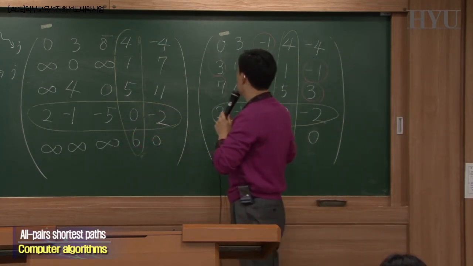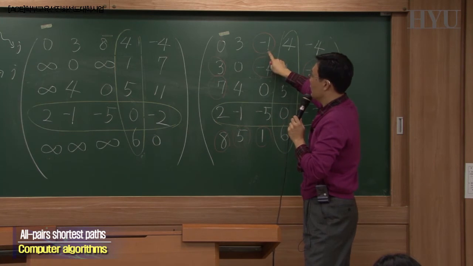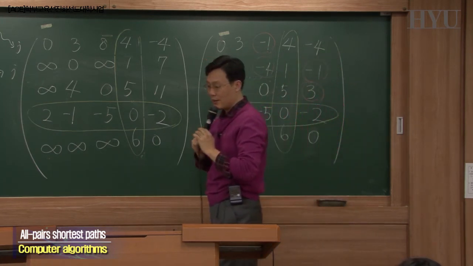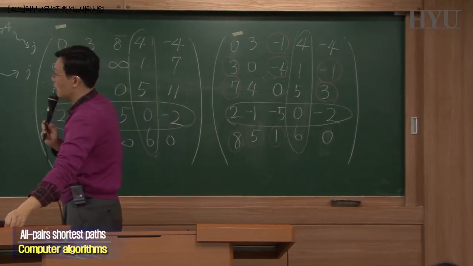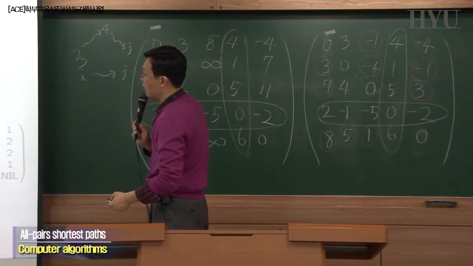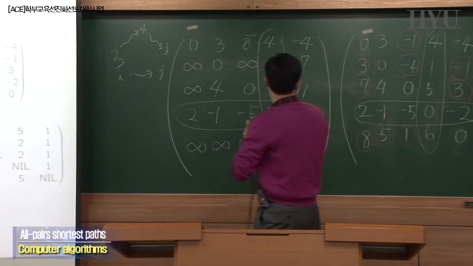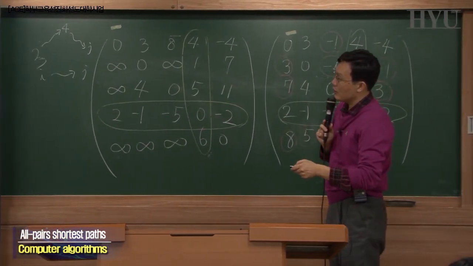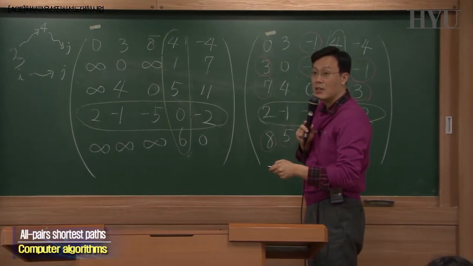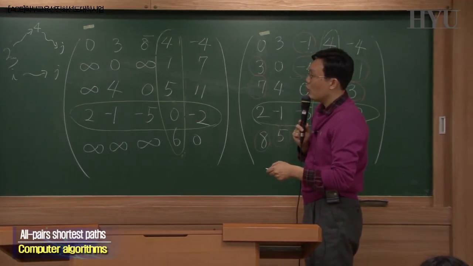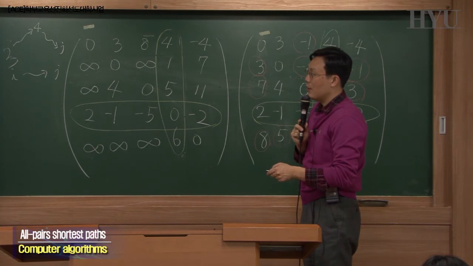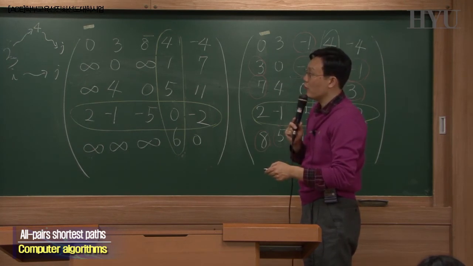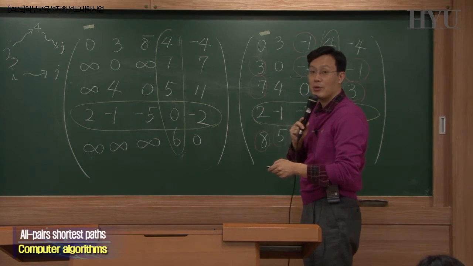So look at this. Its value is changed from 8 to -1. And let's look at the table pi 4. And then it's entry 1, 3. And look at this. It's entry 1, 3. It was 1 in the table pi 3. And it is changed to 4 in this table.